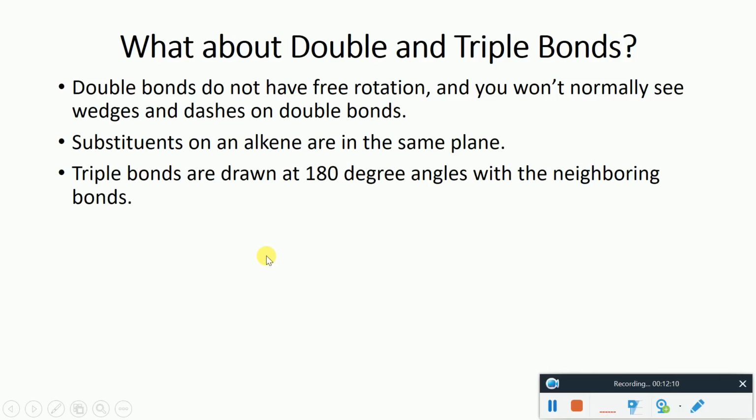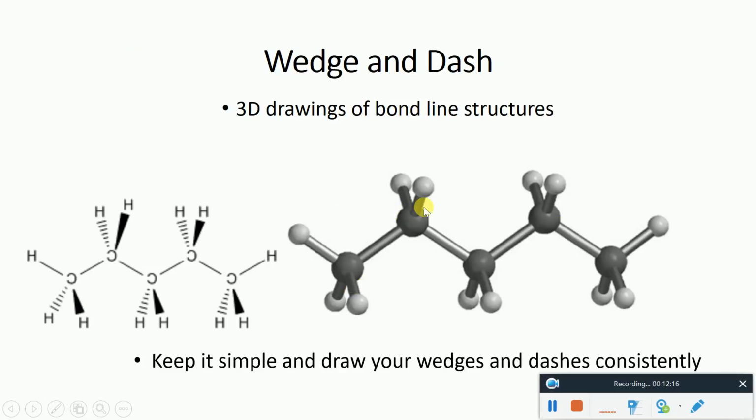All right, what about double and triple bonds? Well, double bonds do not have free rotation. Single bonds do. So in a model like this, we could totally rotate these bonds around, and it doesn't really matter, right? But this is the lowest energy formation of this molecule because there is less steric hindrance.